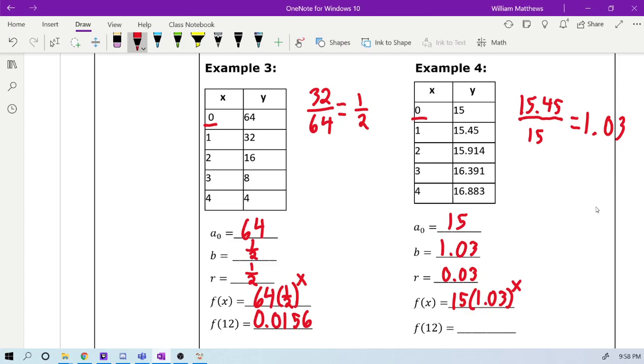Same way, we plug in our value of 12 for x, and we will get a value of 21.3864.